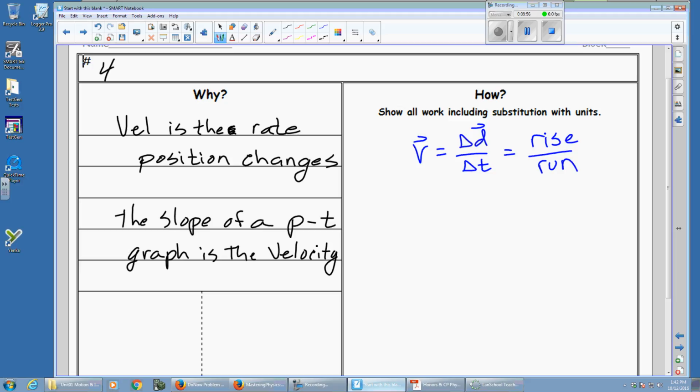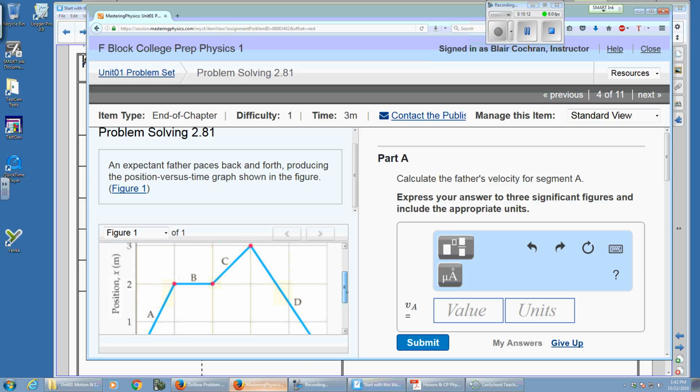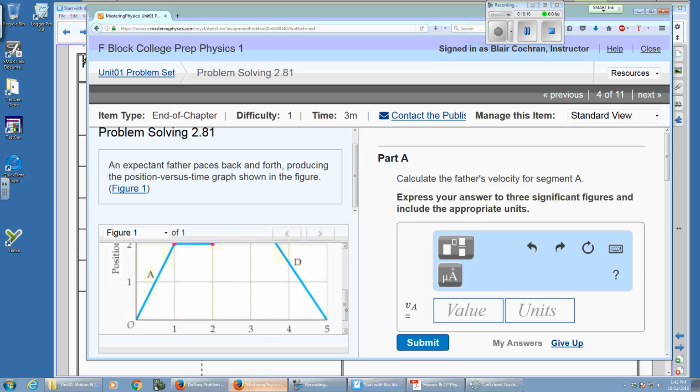So for part A, what's our rise? What's our change in position? Anybody? 2. And what's our run in time there? 1. Right?